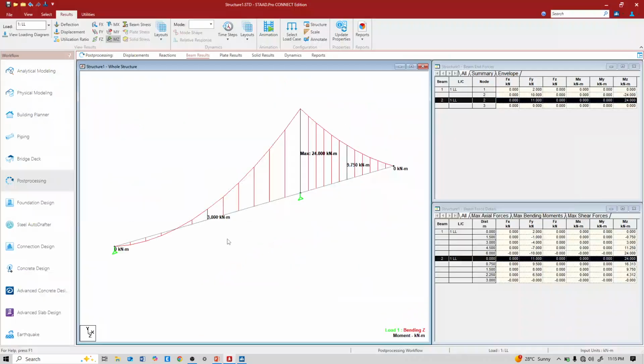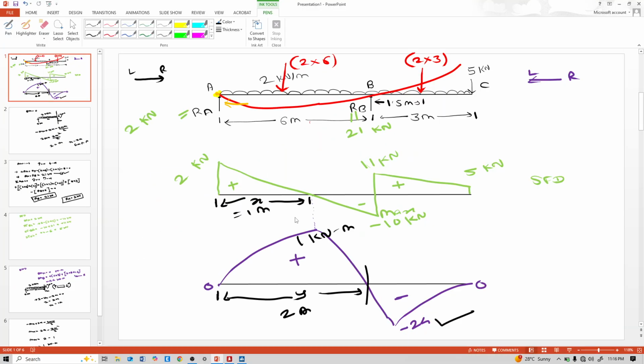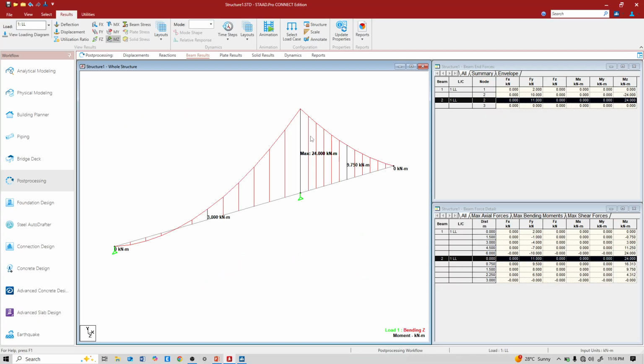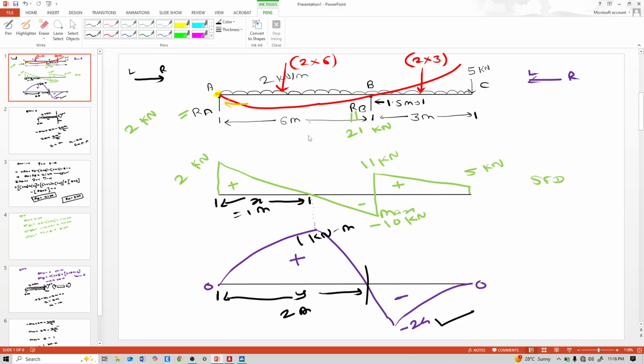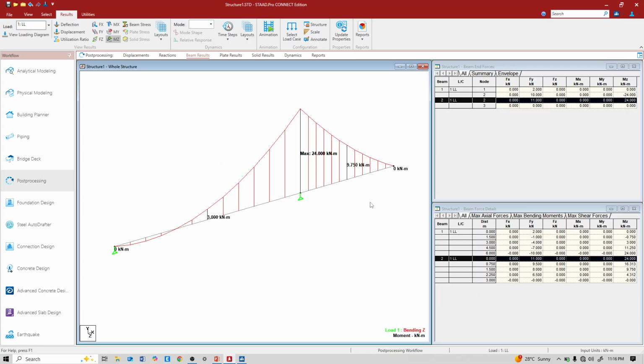See this is 1 kilonewton meter. This is minus 24. See this is 24. Instead it shows hogging bending moment is positive and our calculated hogging bending moment is negative. So this is the difference.